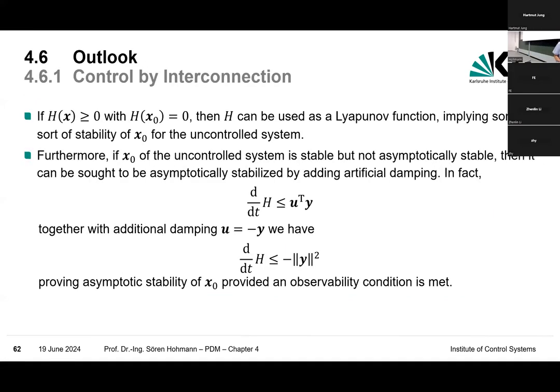Some outlook. Of course, you can do control with Force-Hamiltonian systems. This is given by the outlook. Perhaps interesting for you: you can try to associate a certain kind of control strategy to Force-Hamiltonian systems, but this is in the story. It's nothing for our modeling class here.